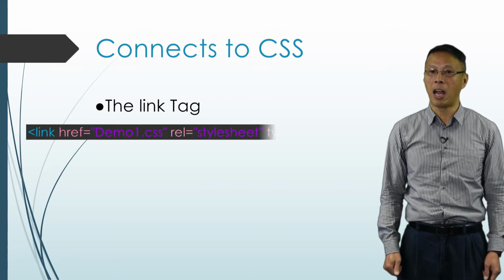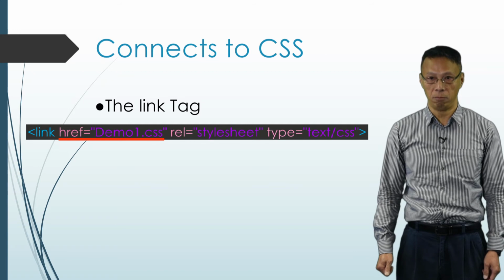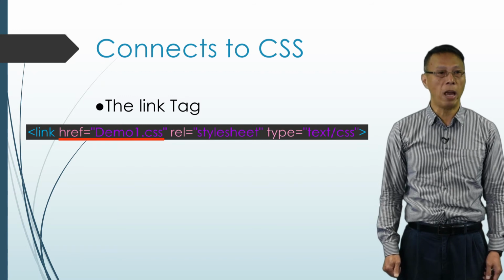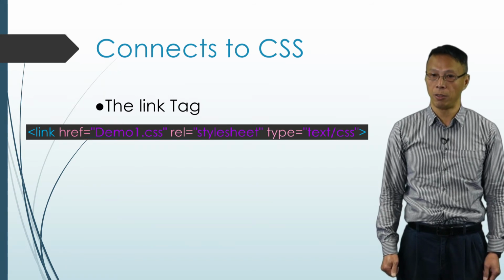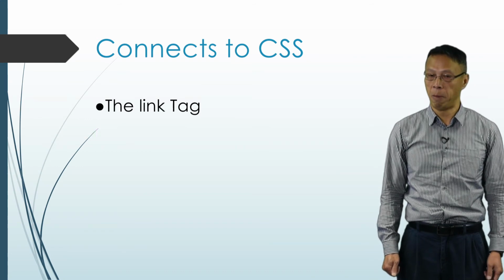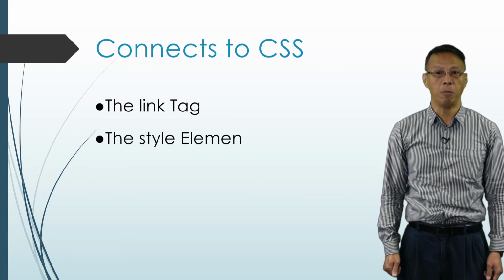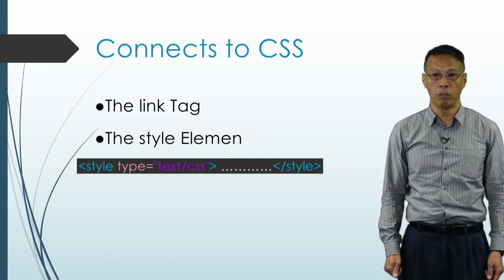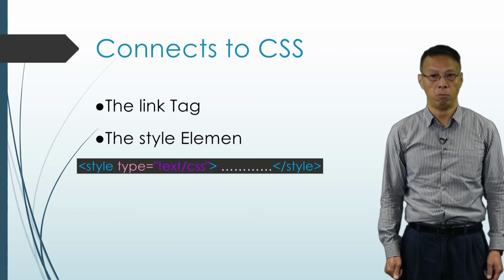By using the href, we can link to demo1.css externally. Well, this is not the only way we can use CSS. There are other forms. The second method is by using the style element. We can define the CSS information inside your HTML source code.